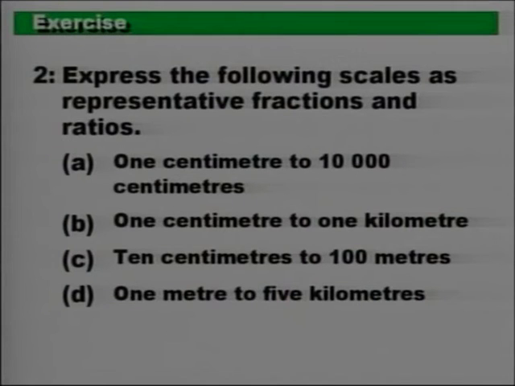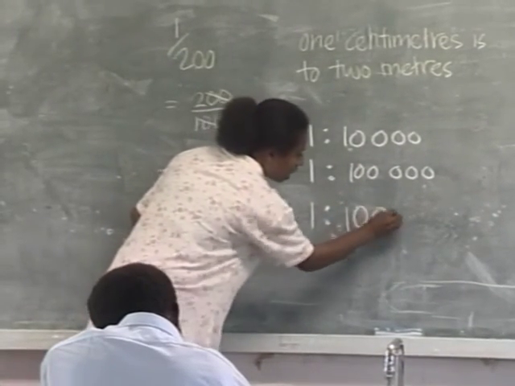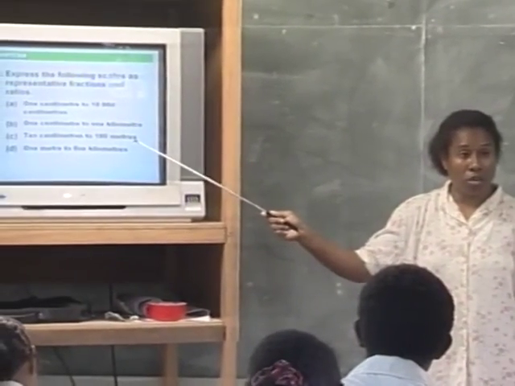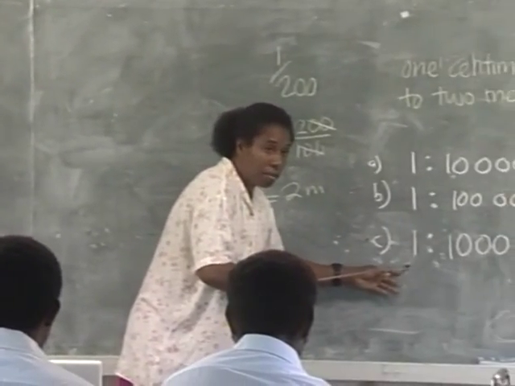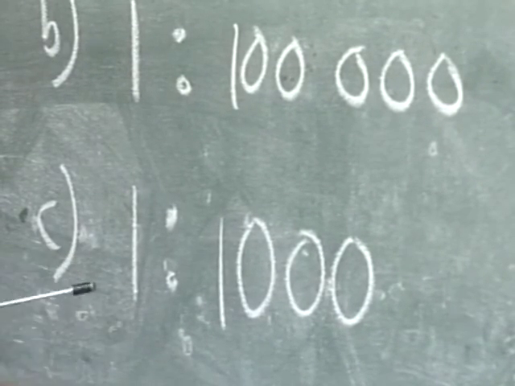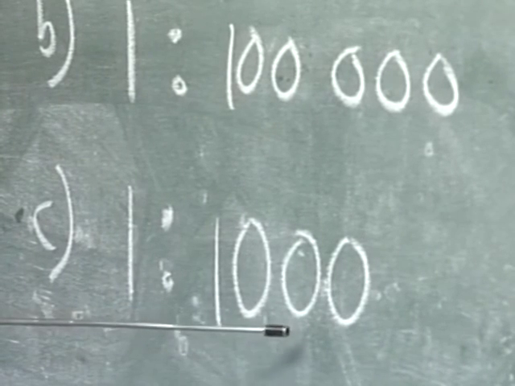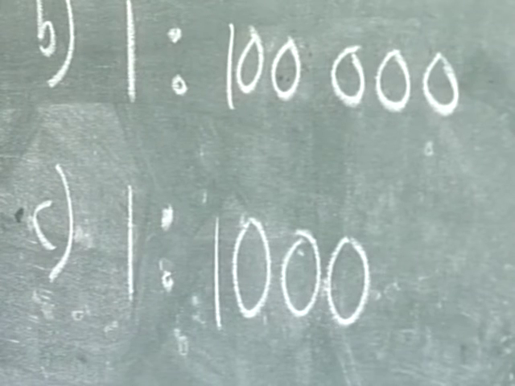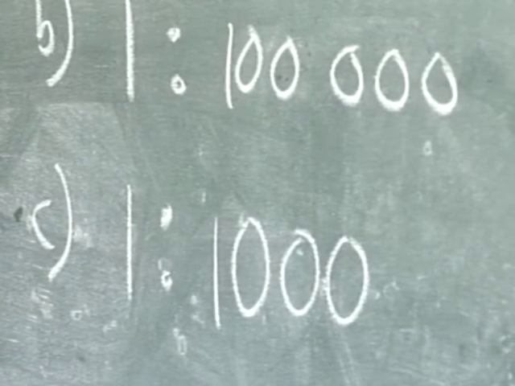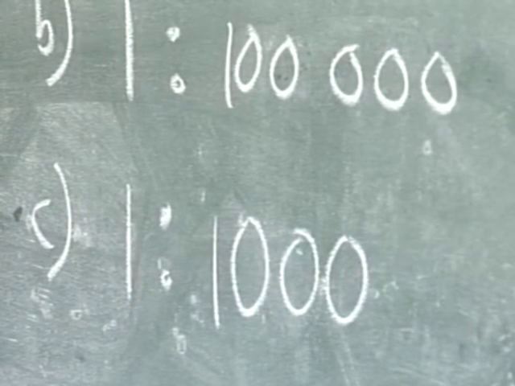So the answer for C will be, sorry, 1 cm is to 1,000 cm. Or we can say 1 is to 1,000. Because when we change this to 1 centimeter, we need to also do the same on the other side, to change these meters to centimeters. Okay, we move on.